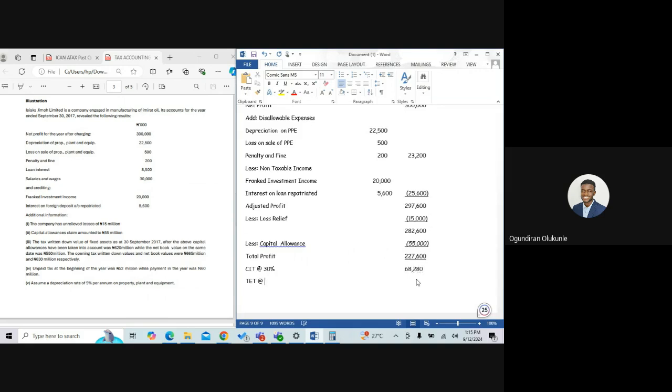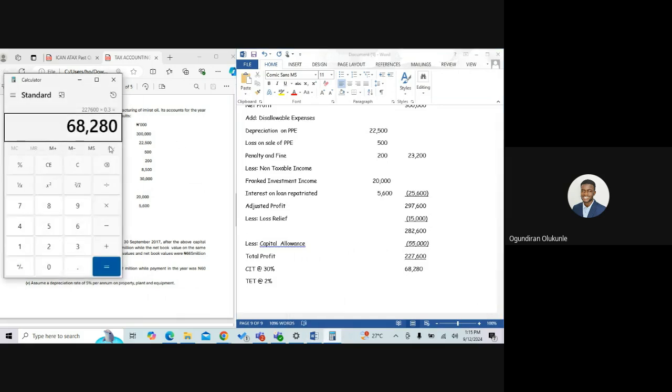CIT at 2%. Don't forget, I said for this tertiary education tax, you have to always consider the year. Because we are doing the 2018 year of assessment, that's why you are doing 2%, right? That's 5952. Net profit.